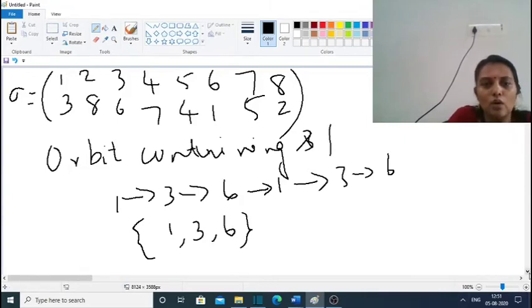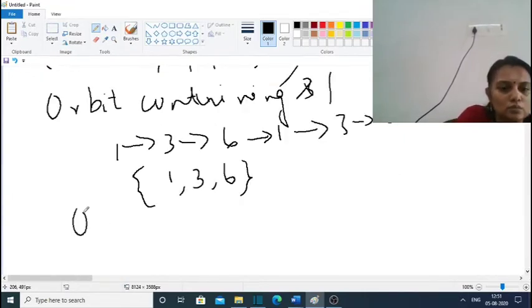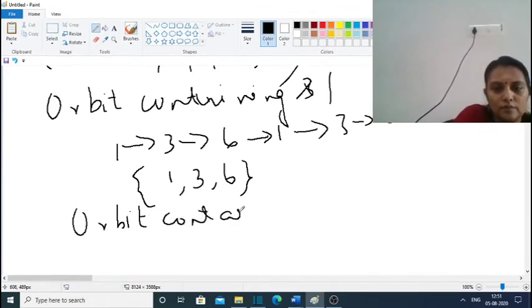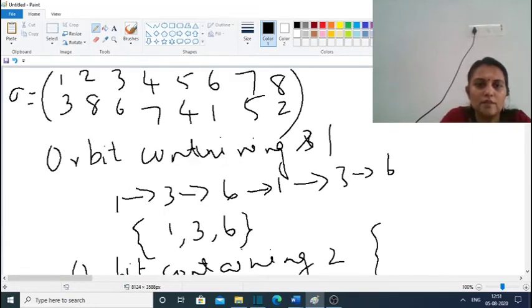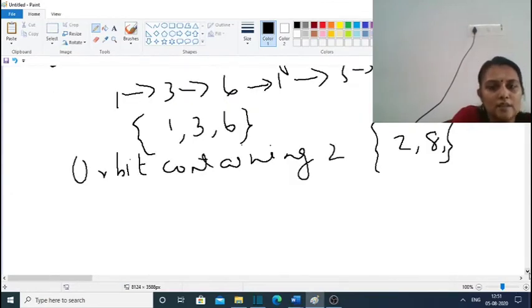Now the orbit containing 2. Just from this itself we could write 2. 2 goes to 8, 8 goes to again 2. Now the orbit containing 3: 3 is already there, so no need to find.